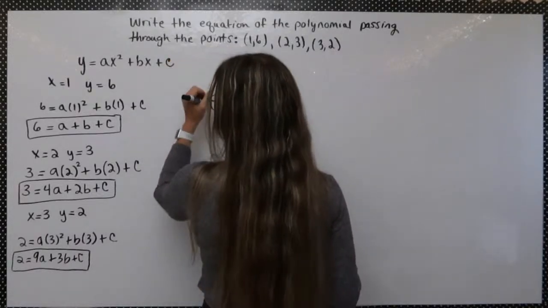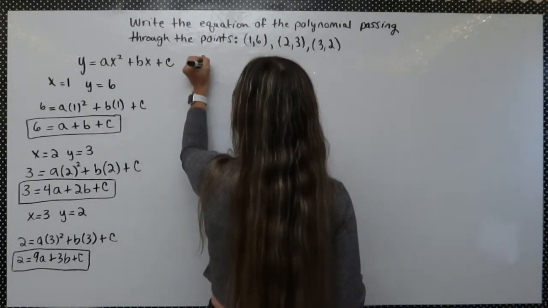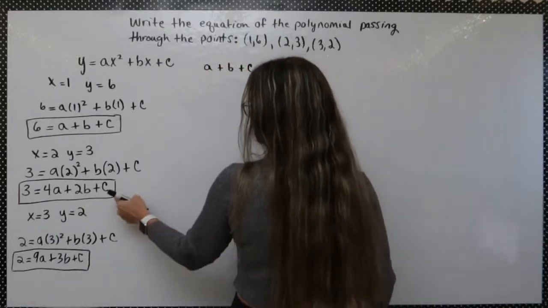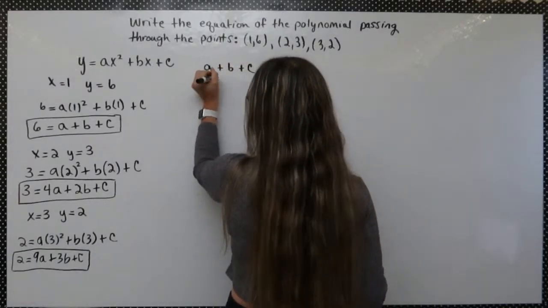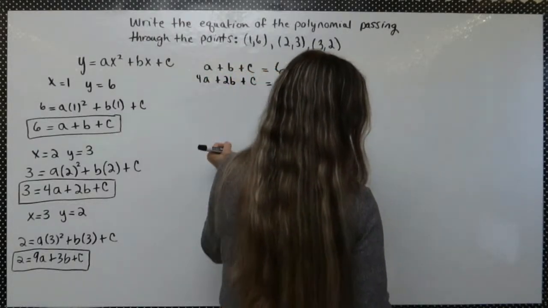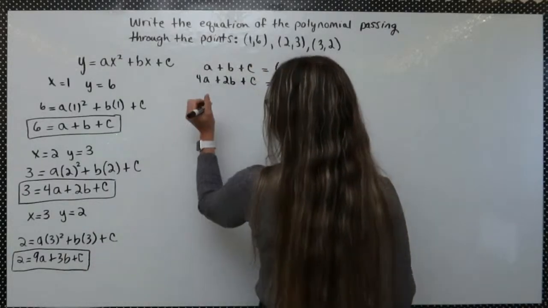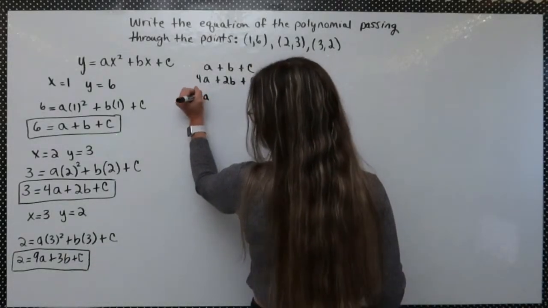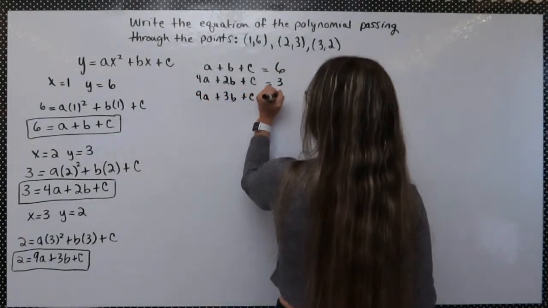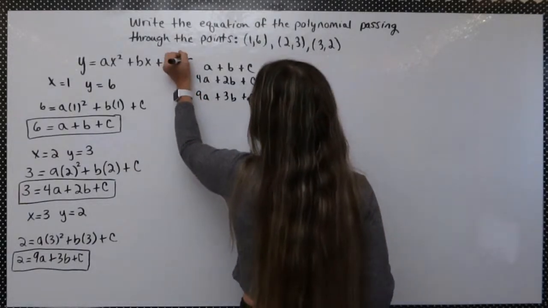We can rewrite this: a plus b plus c equals 6, 4a plus 2b plus c equals 3, and the last one is 9a plus 3b plus c equals 2. Perfect. So we have this system.